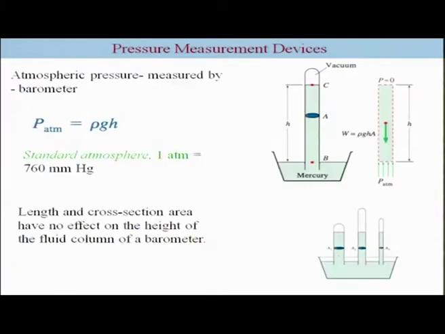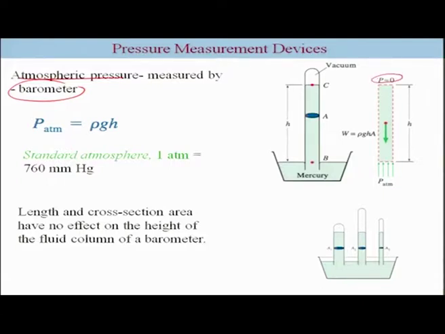Okay. Now, what are the measurement devices for pressure? The simplest one is a barometer, which is used for atmospheric pressure. For example, this is a simple device. Due to the vacuum, the pressure here is this.